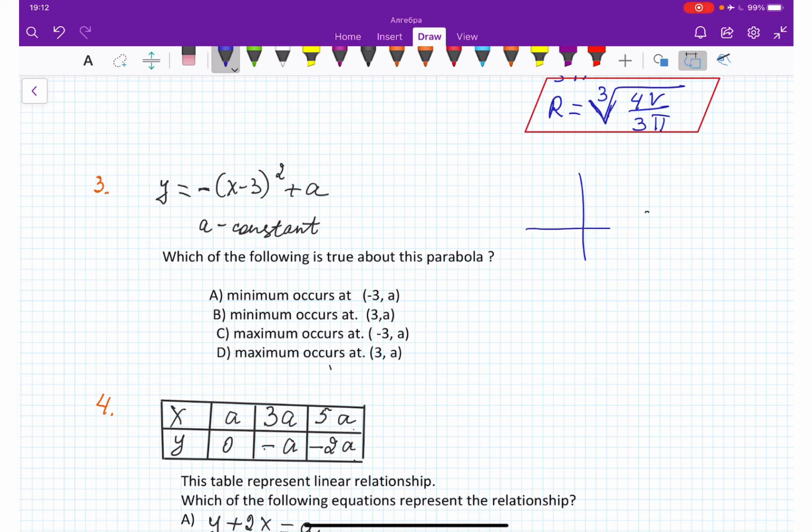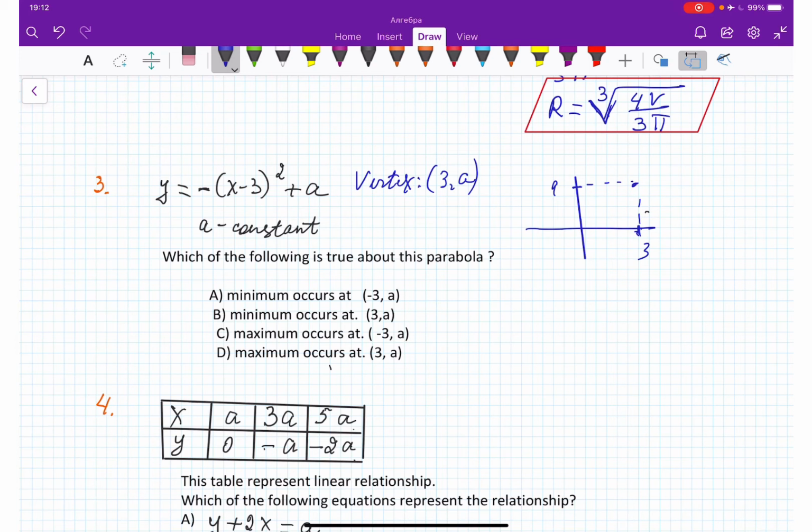Let me see. x minus 3 squared, which means x is going to be plus 3, right? And the vertex is going to be, what is going to be the vertex? It's going to be positive 3 and a, right? This is 3 and moving up by a. This is going to be the vertex.